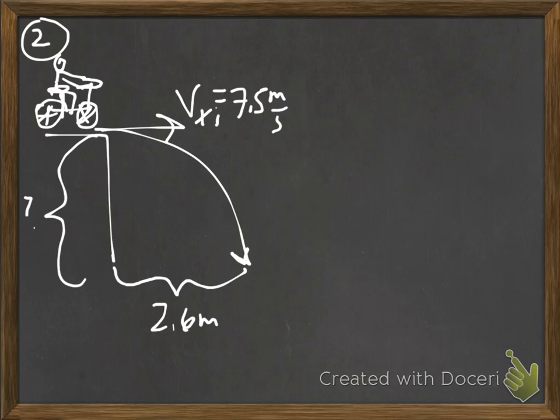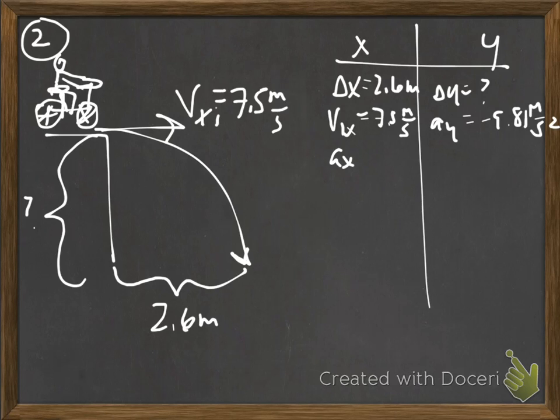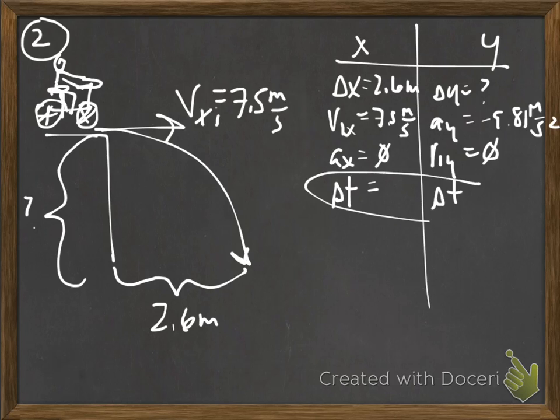So on the x, delta x is 2.6 meters, Vxi is 7.5 meters per second. On the y, delta y is what we're after, ay is negative 9.81 meters per second squared, ax is 0, Vyi is 0, and delta t will be our bridge between the two.